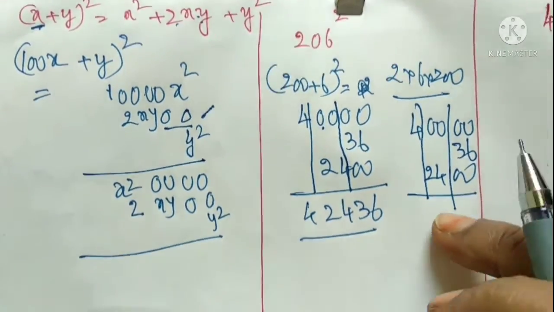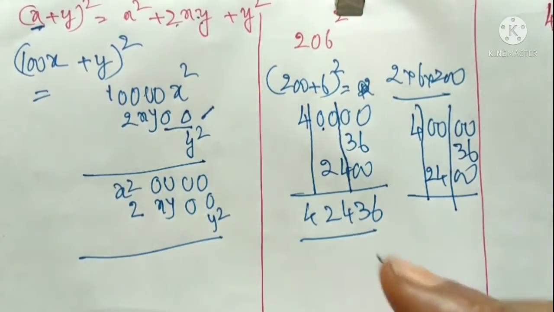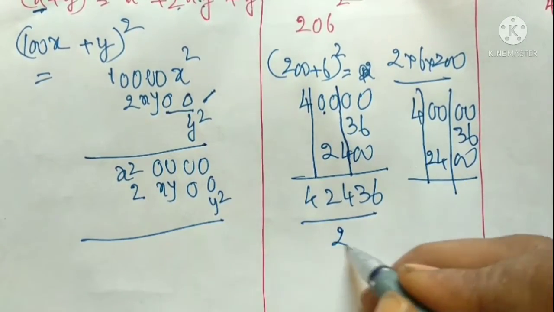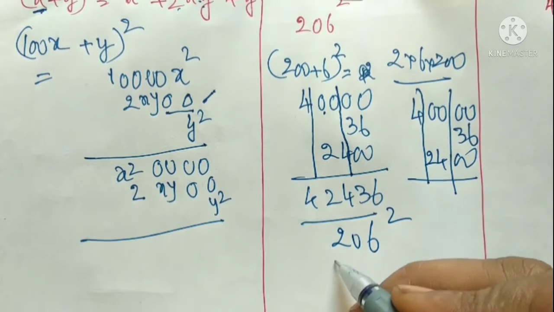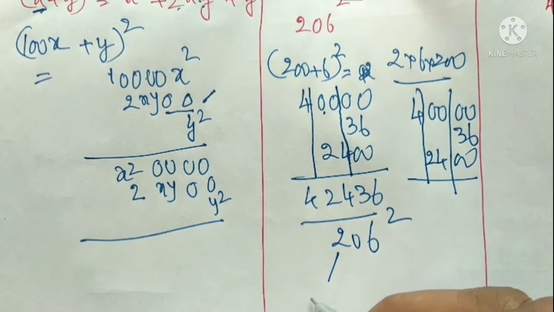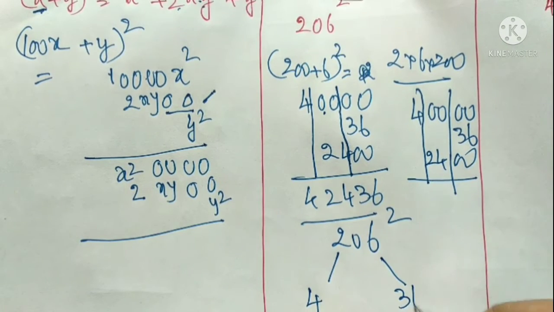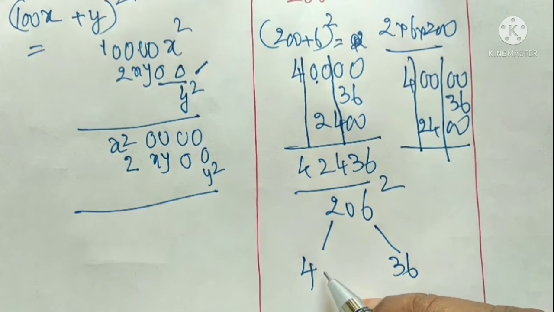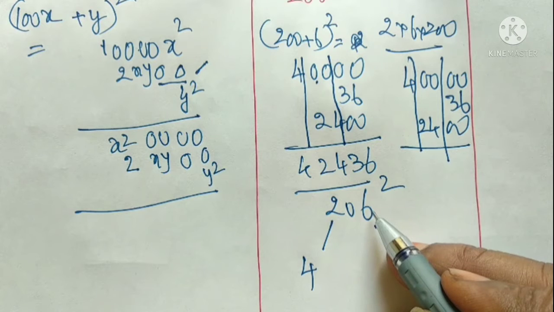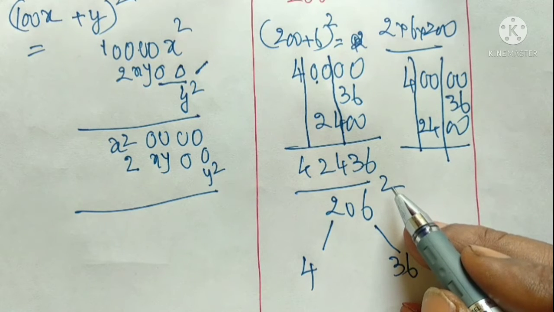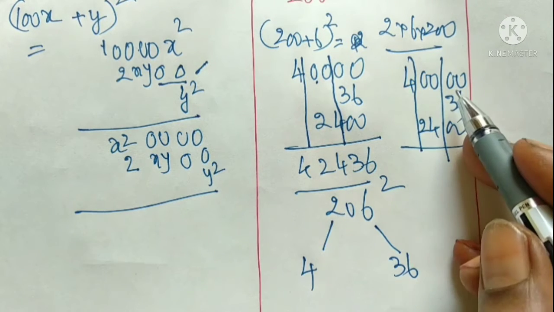So now we go to how to do this in a shortcut way. 206 whole square. So 2 2s are 4, 6 6s are 36. Now 4 has come because when we are squaring a 3-digit number, we should have at least 5 digits in the answer.